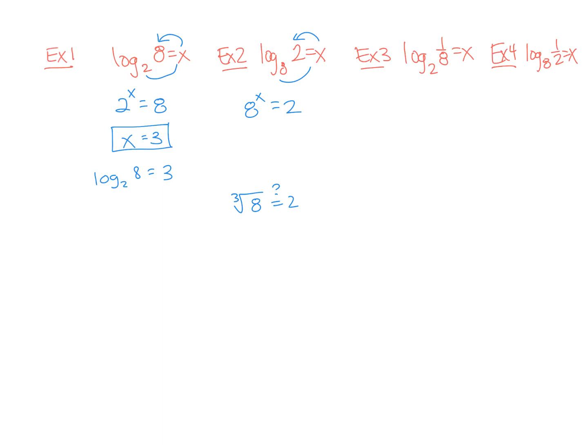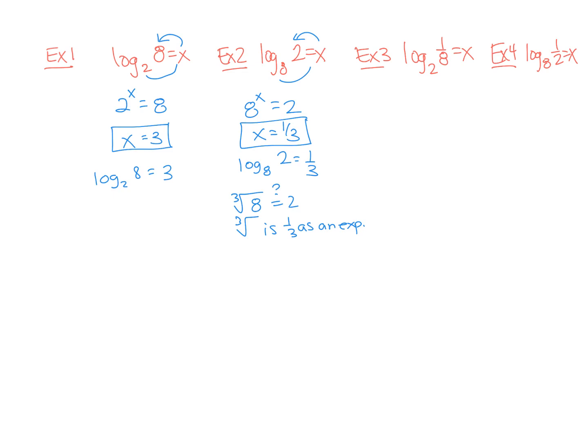I'm thinking I could do the cubed root of 8. So the cubed root is 1/3 as an exponent. In this case, this is going to be 8 to the 1/3 power. So I know x equals 1/3 is my answer because log base 8 of 2 is equal to 1/3.